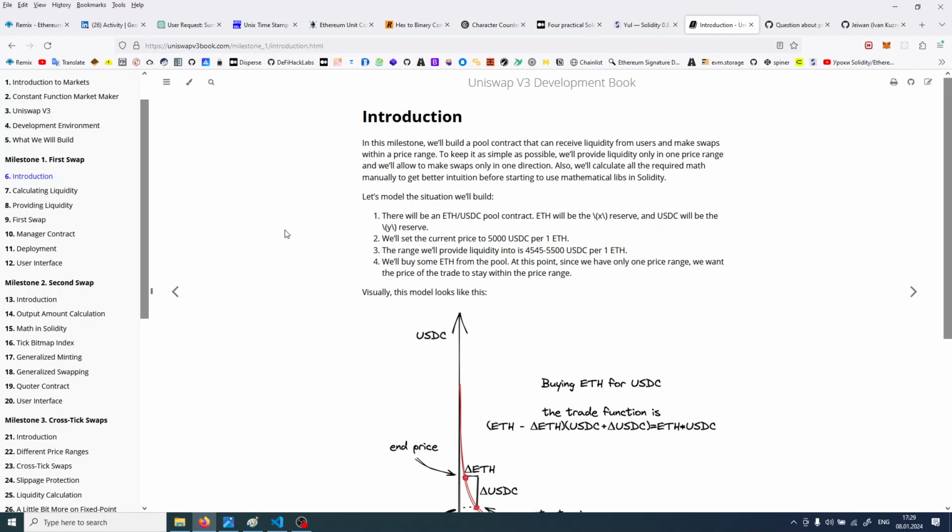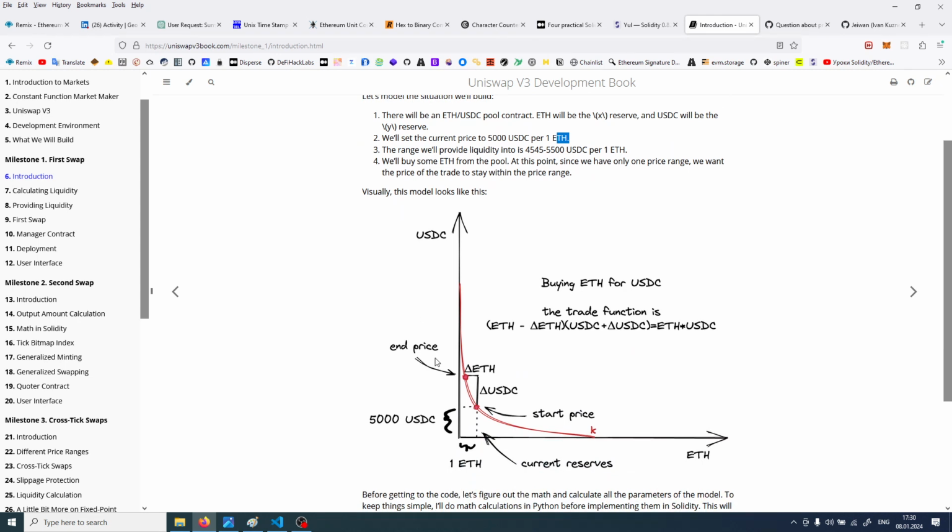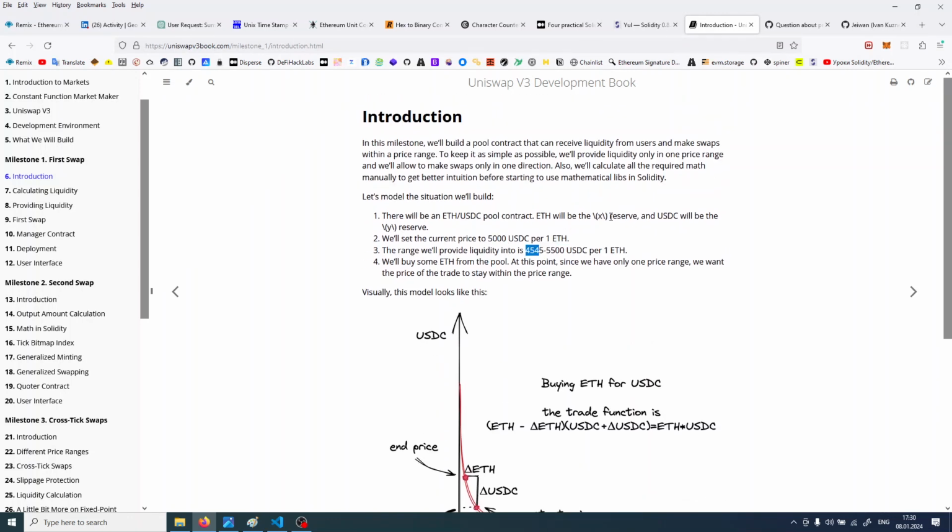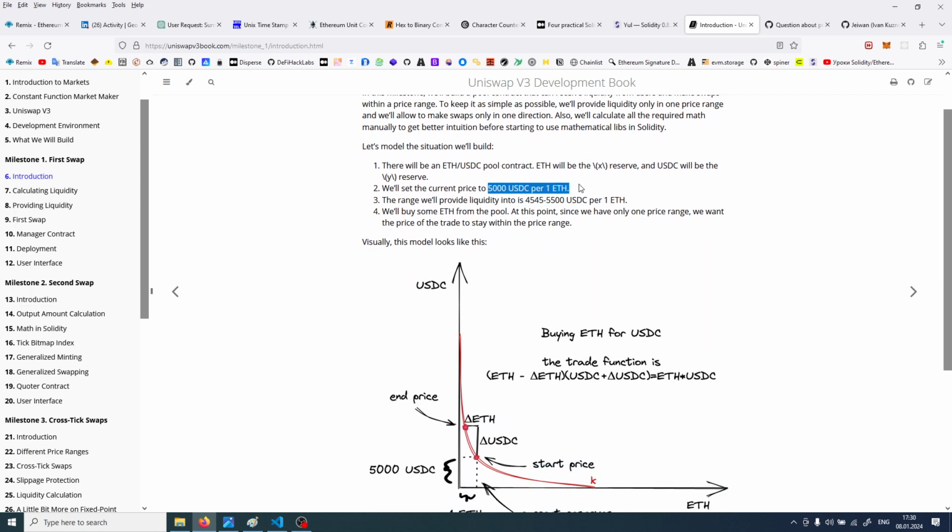The liquidity provider can define a lower and upper price for his assets which he puts in the pool, and he can say, for example, that my 5000 USDC and 1 ETH will be in the price range between 4545 and 5500, and exactly in this price range we can use this liquidity.